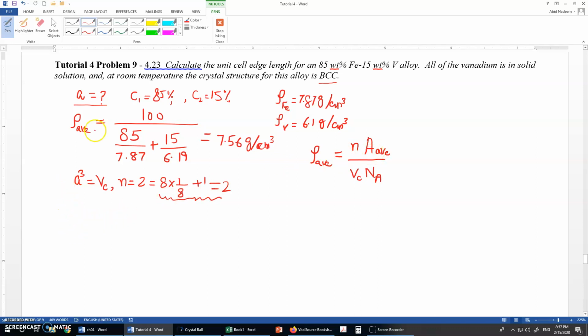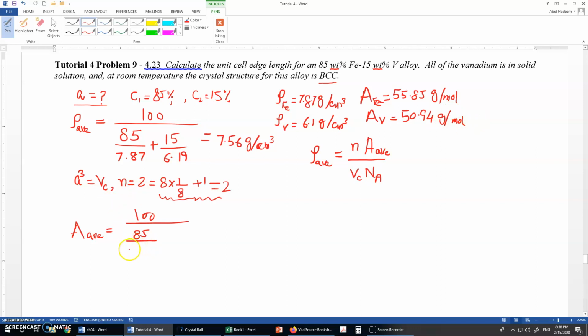The average atomic weight, in a similar way, can be found from the weight concentrations: 100 divided by 85 divided by the atomic weight of iron, which is 55.85 gram per mole, plus 15 divided by the atomic weight of vanadium, which is 50.94 gram per mole.